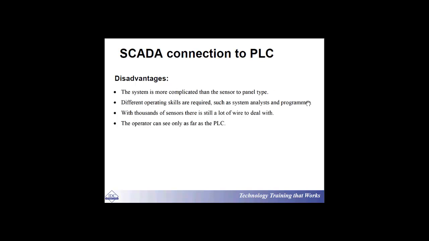Are there any disadvantages? Of course. The system is now more complicated. Compared to what? Compared to the old, traditional system. Previously, what was your problem? Wiring. What is the need for IEC 61850 or other things? Wiring.